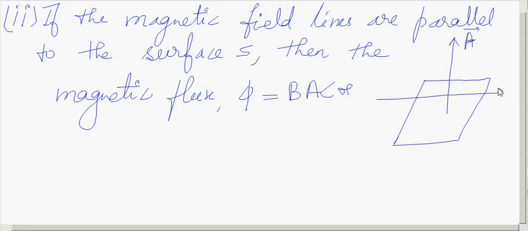Let us say all the field lines are parallel to the surface. Now the component perpendicular to the area is 0, or here the angle between A and B is 90 degrees.